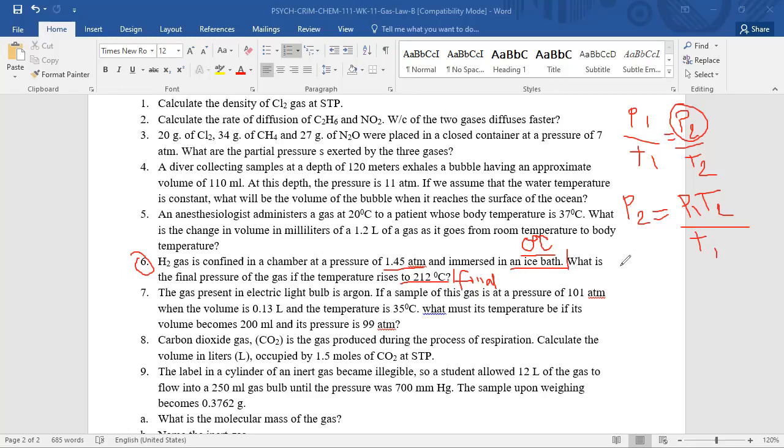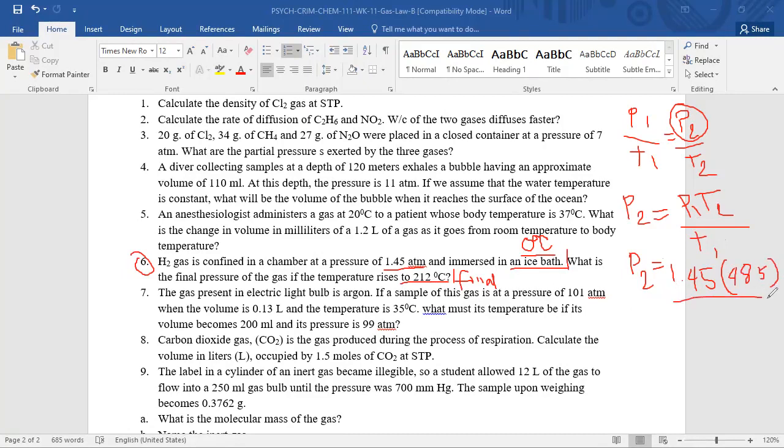So, for this example, P2 equals P1. What is pressure 1? 1.45. T2, 212 plus 273. That is 485.